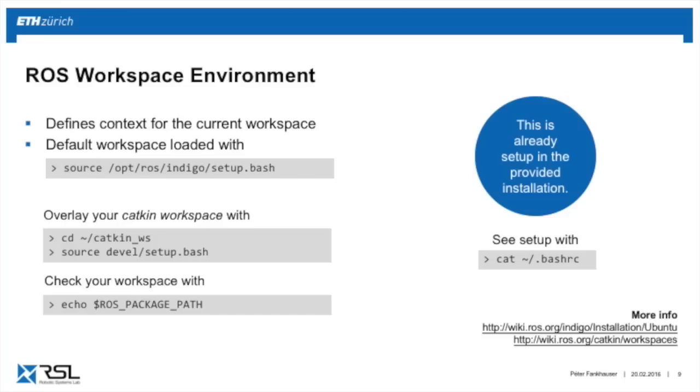By default, whenever you open a console, we load the standard workspace of your Catkin environment on the virtual machine that we provided, with this command. You can check the environment with this command, and you can also see how we set up your PC with this command, in case you want to install your own PC in the future. This is already set up, so this is only for future reference.